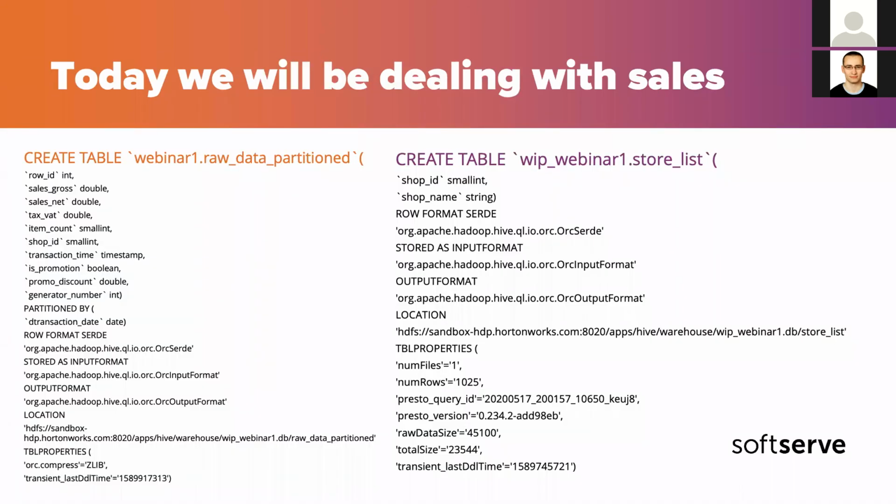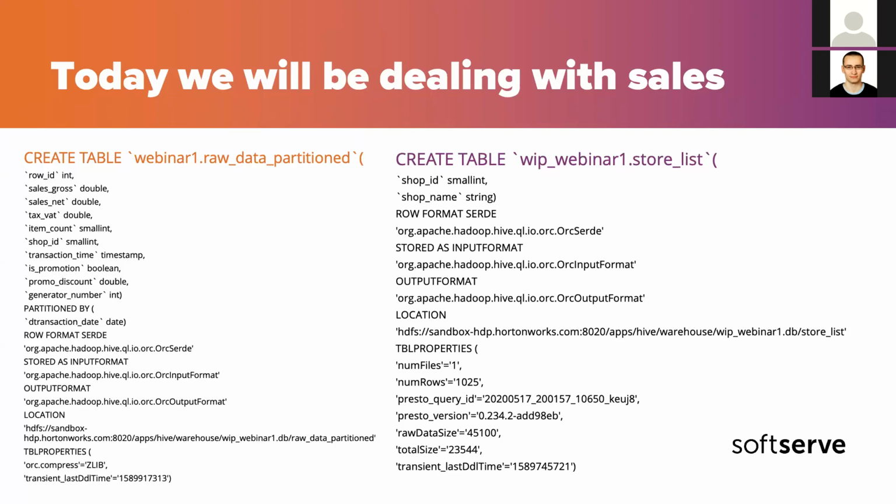All right, so what we are going to do today, as I mentioned in the very beginning, I have prepared a few examples. These are the definitions of two tables that we will be dealing with today. All this data has been created or generated within Presto engine as well.